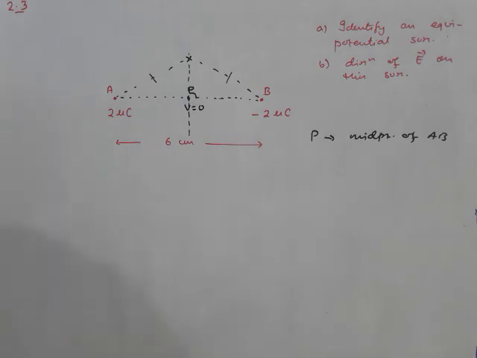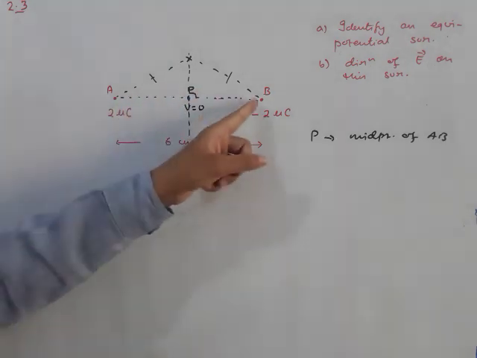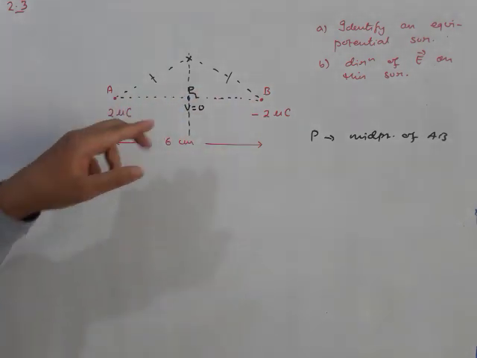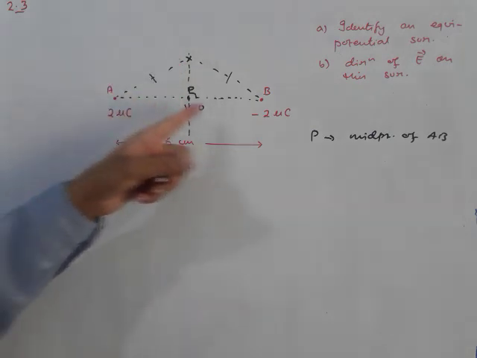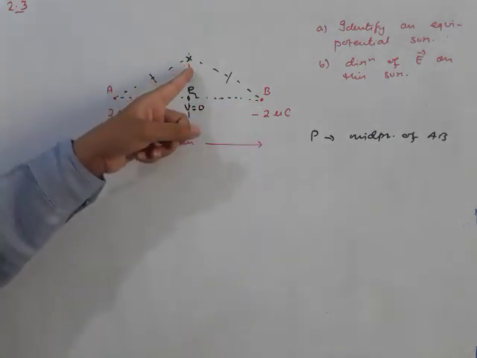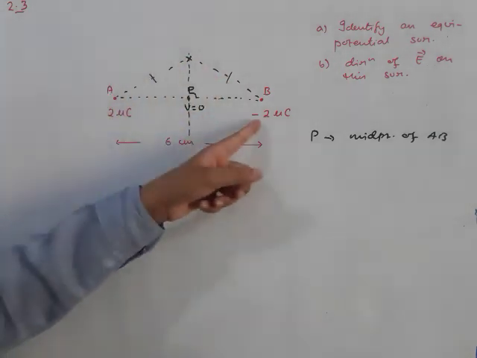Let me repeat what I told first. First, I chose a point. That point lies at the midpoint of AB where potential is 0. Then I argued that on the perpendicular bisector of line AB, all the points are at same distance from A and B. Charges are equal and opposite.